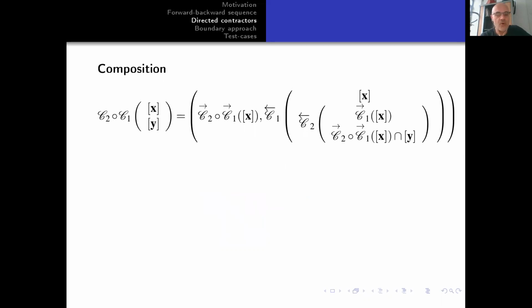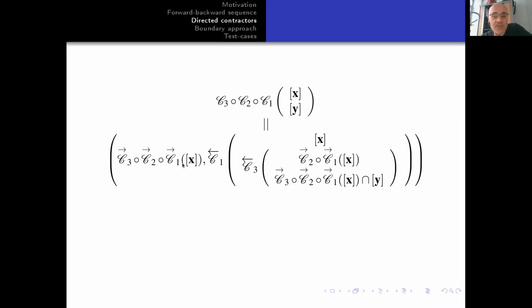Okay, so if I want to give a definition of the composition, I can give this definition, and for 3, it will correspond to this. In fact, this composition corresponds to the forward-backward algorithm, but the way to put the composition in this form will allow us to probably have an algebraic way to write the contractors I want.